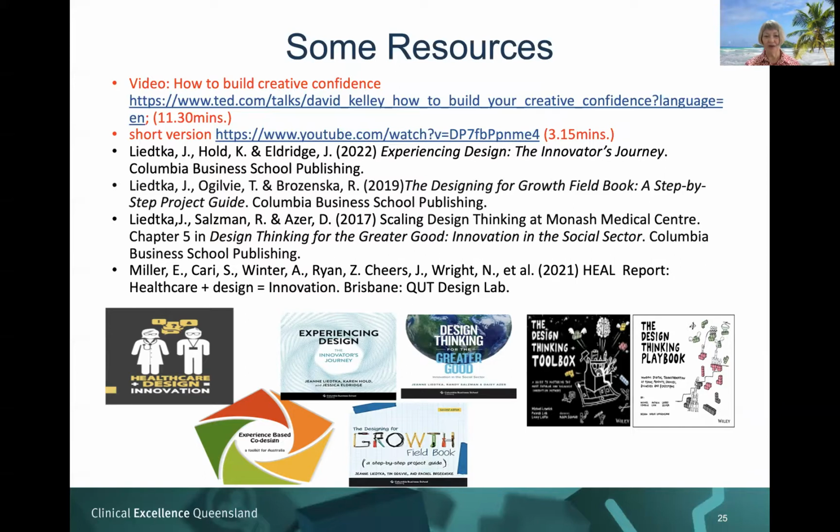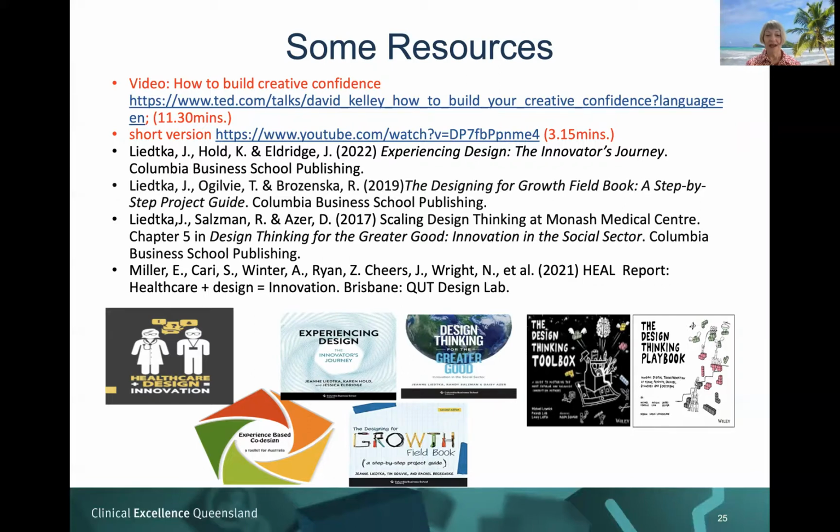I've also added some work on some other research looking at design thinking in a broader context in terms of design thinking for the greater good, which is where the Monash case study comes from. Some templates from the Designing for Growth fieldbook, but also Professor Leakey's more recent one on experiencing design, because what she does is she realizes while an understanding is really important, while the tools and techniques and the design thinking toolbox and design thinking playbook are really some good ways of introducing some new ways of doing things.